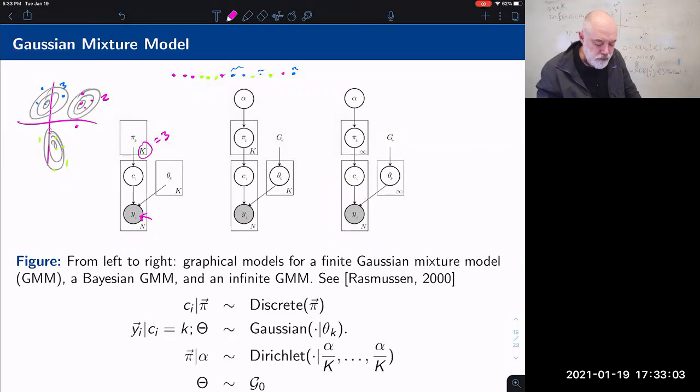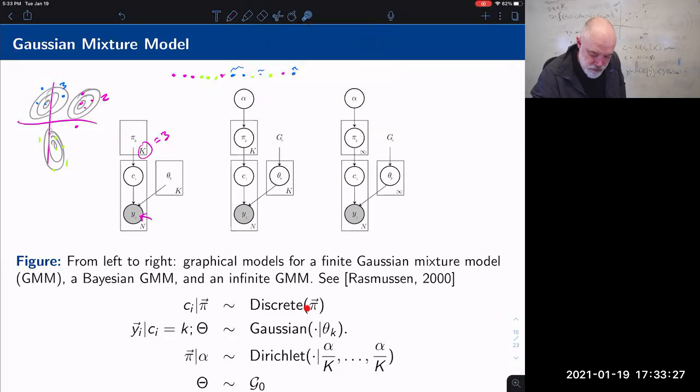Okay, so now I have described a mixture model where there's a discrete distribution over per-point clusters. There is a Gaussian distribution per component. Sorry, I'm pointing at something you can't see.